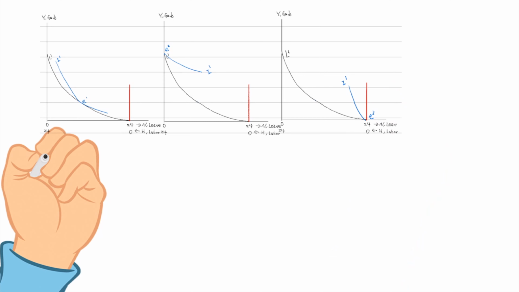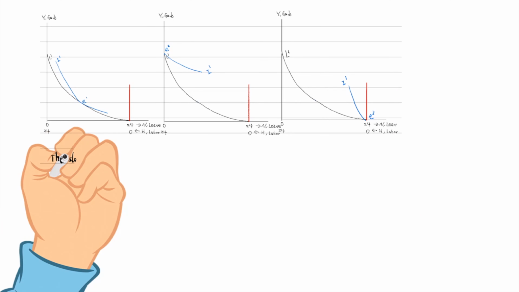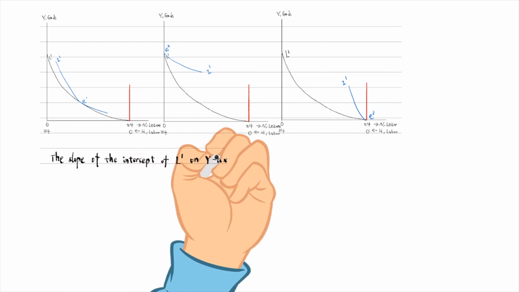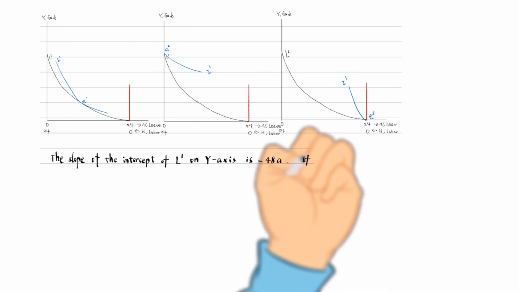Next, let's consider the condition under which we have the corner solutions. The slope of the budget line L1 at the intercept on the y-axis is minus 48 times a. We compare the slope of the indifference curves with it.